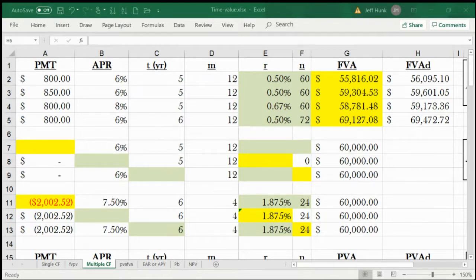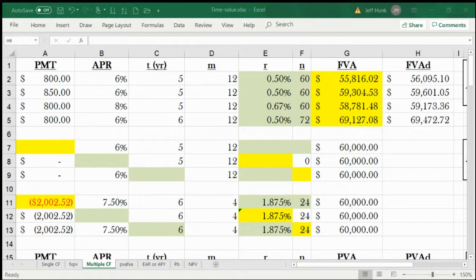So that's an annuity, because a regular, constant amount of $800 is deposited at a regular monthly interval, earning 0.5% every month. That's exactly the definition of annuity.